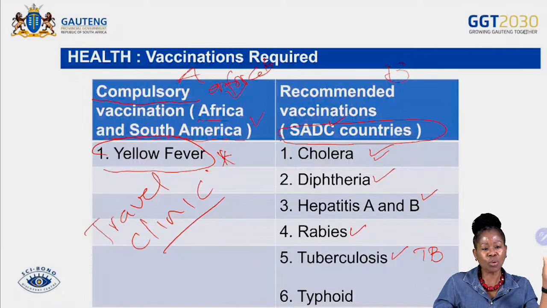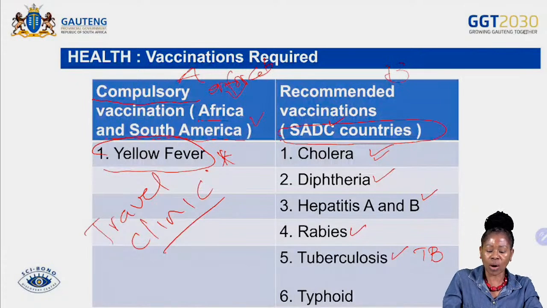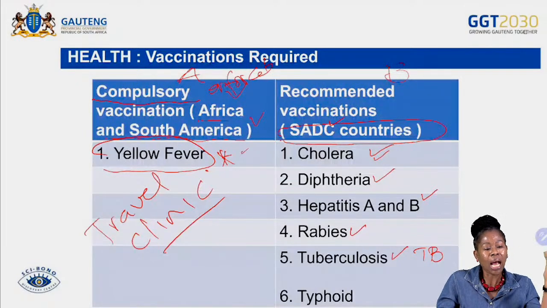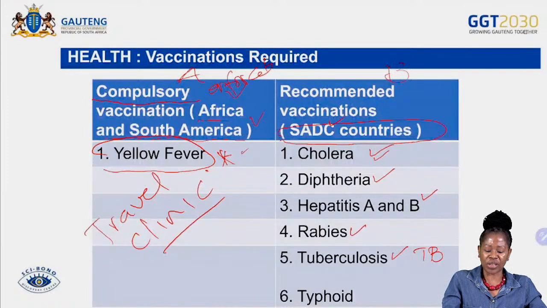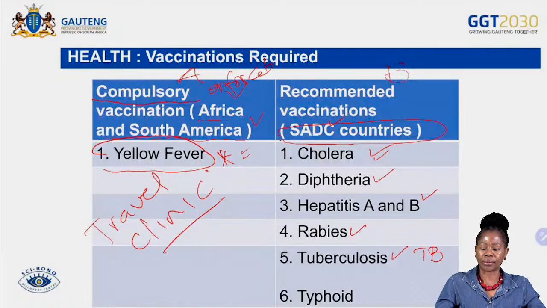They will be giving you a scenario of a person visiting a specific country. Now you will be asked to advise this person. If they talk about yellow fever, they will ask you whether it is recommended or compulsory, depending on what they give you in that scenario. Just check the diseases that they recommend you to take a vaccine on, and then the compulsory one. For now, we still have yellow fever because it's the dangerous one.